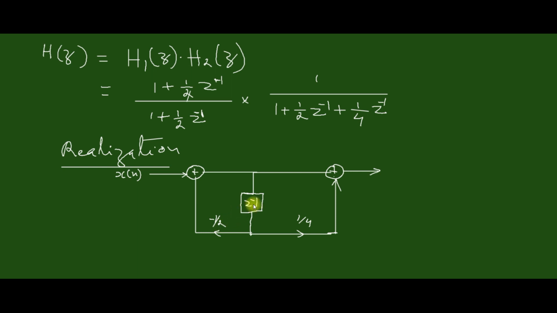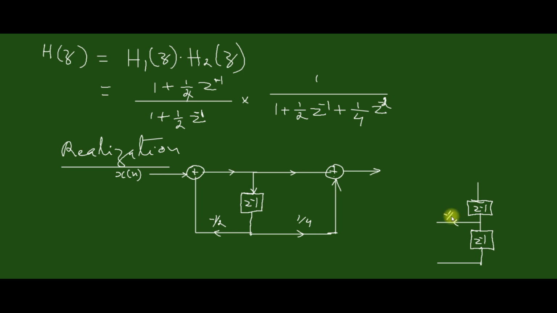Now we can draw the H2 of z. In the case of H2 of z, it is a second order system, so we have two delays here. First delay, second delay, then we have the A1, A2 coefficients as minus half and minus 1 by 4.